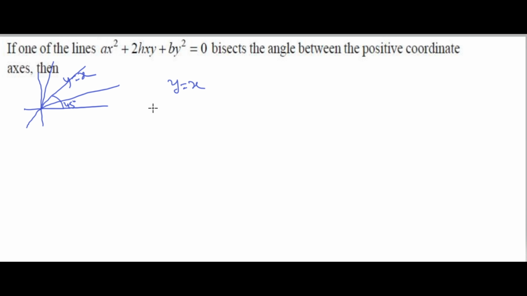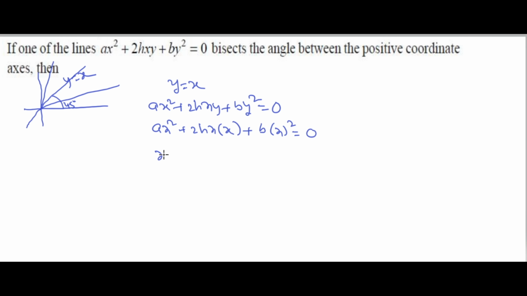Substituting y is equal to x in the given pair of lines ax square plus 2hxy plus by square is equal to 0, that is ax square plus 2hx into y value, which is x, plus by square, that is x square, is equal to 0. Take x square common: a plus 2h plus b is equal to 0.